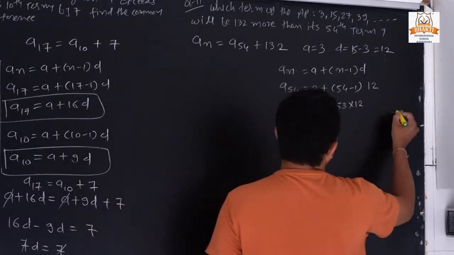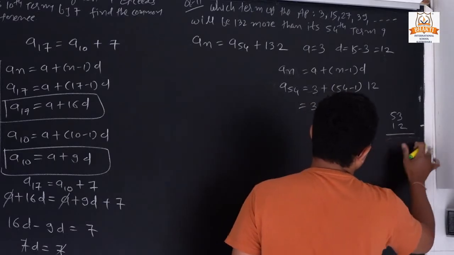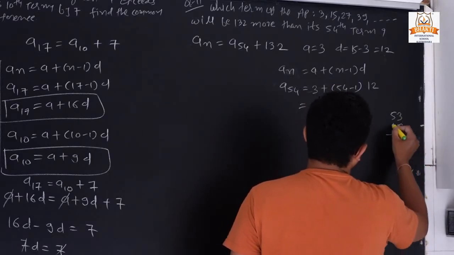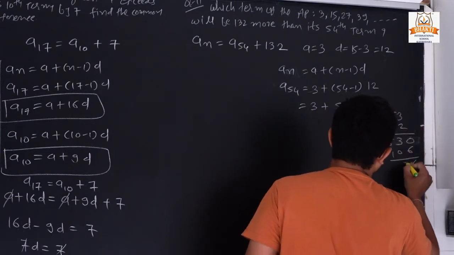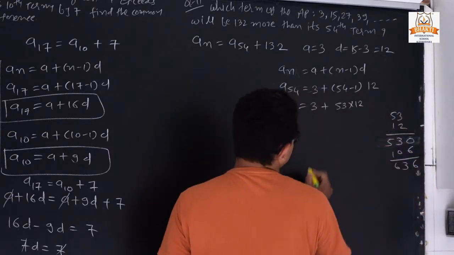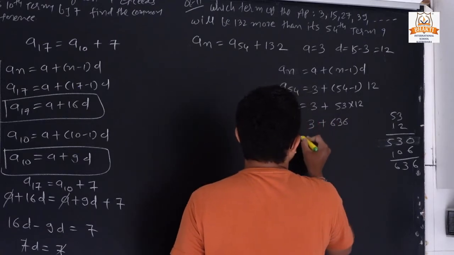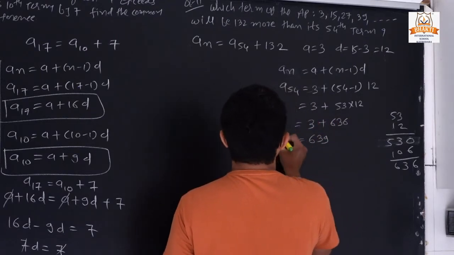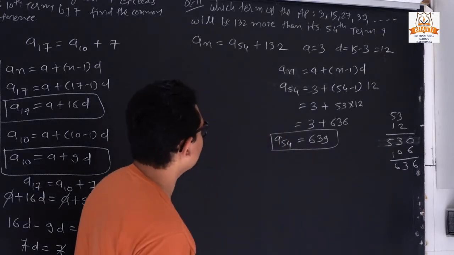So we can find 53 twelves are 636. So it is 639. Clear? What is it? The 54th term of that series is 639.